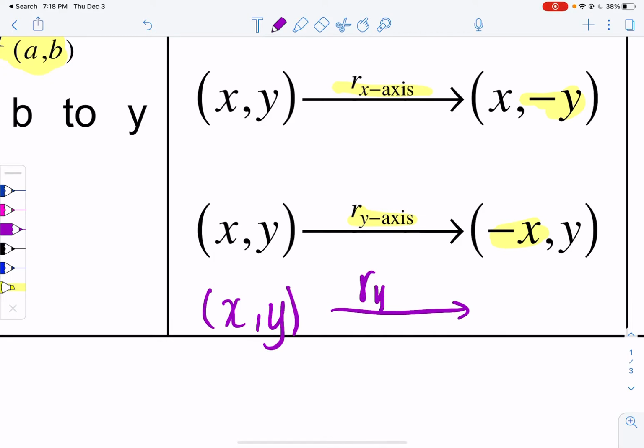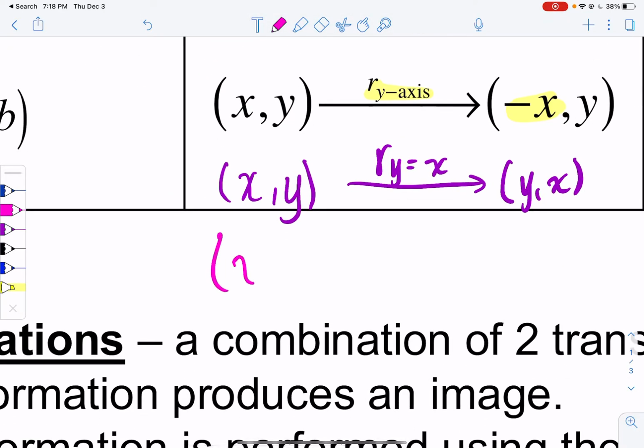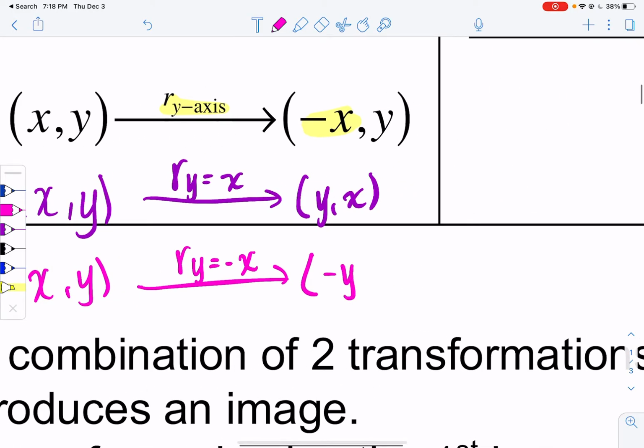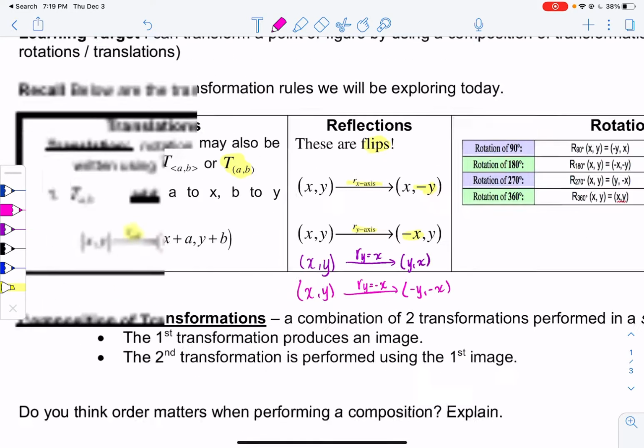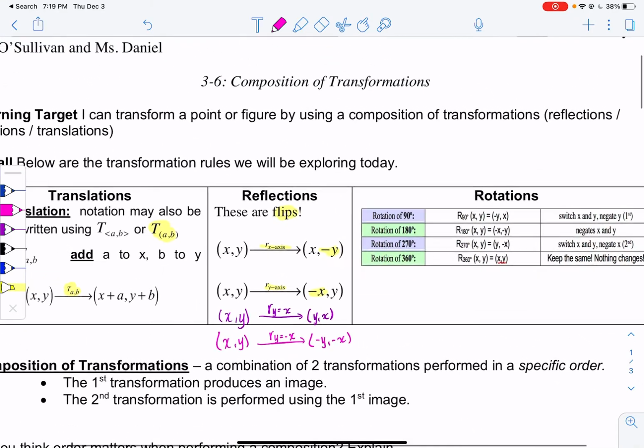So when you do a reflection over y equals x, your order changes to y, x. And when you do a reflection over y equals negative x, it becomes y, x, but both of them are opposites. I can have negative y, negative x. So those are two other ones that you need to remember.